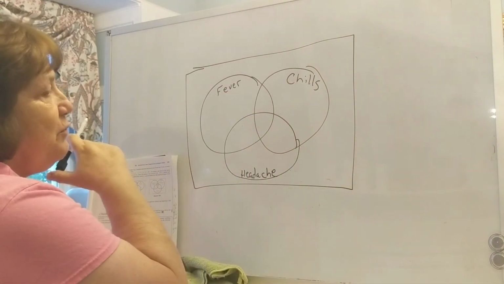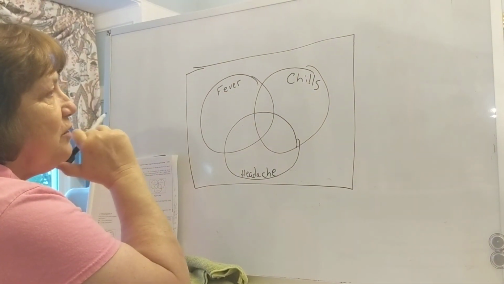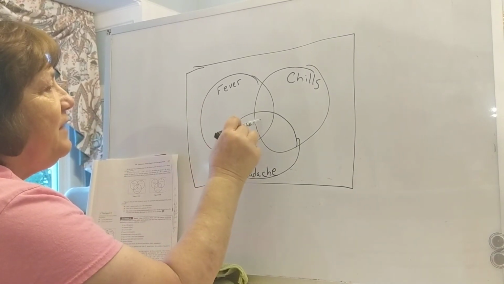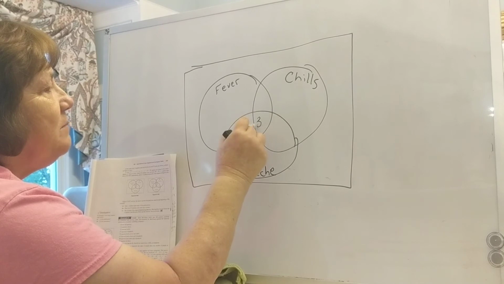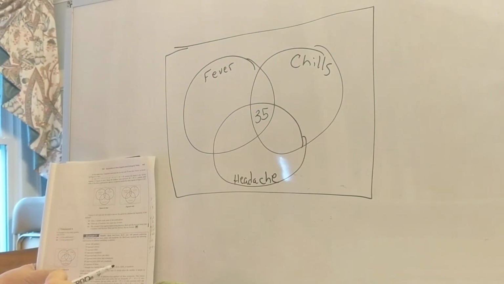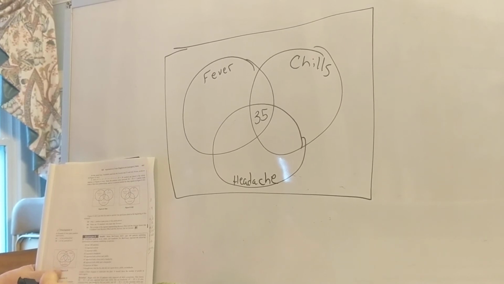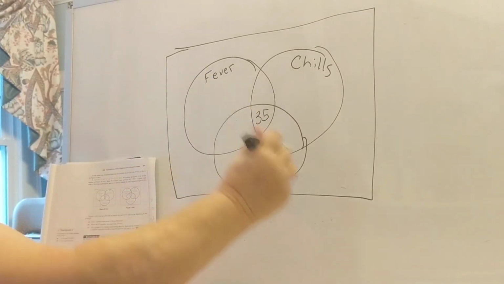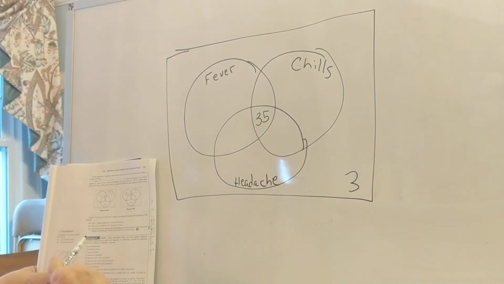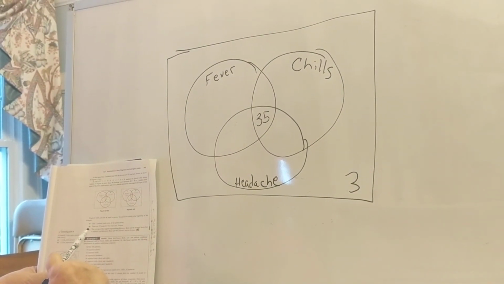So I'm going to find the place in the circles that has all three. They're in the fever, chills, and headache overlap, right there. And I'm going to put the number 35. Also, I see at the bottom that 3 thought they had the flu but didn't have any of the symptoms. So I put all or none. That's the best place to start. Start with all or none when you do these problems.